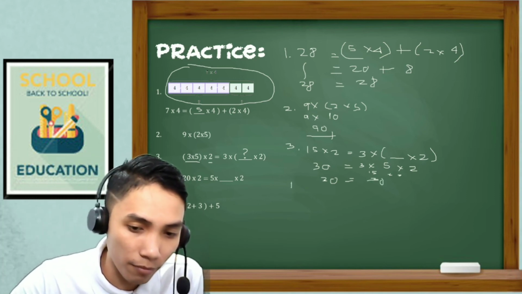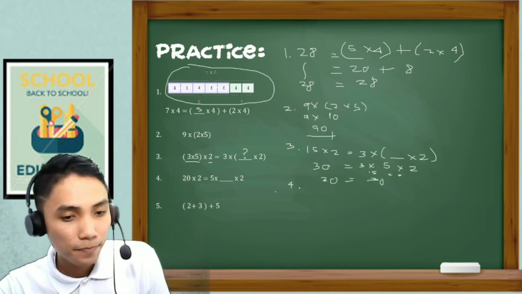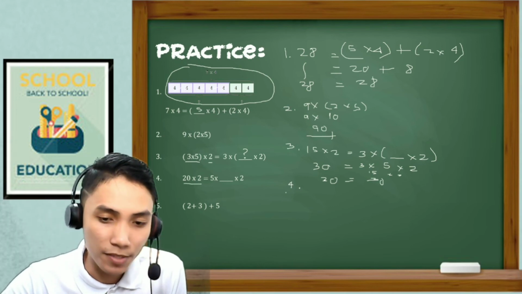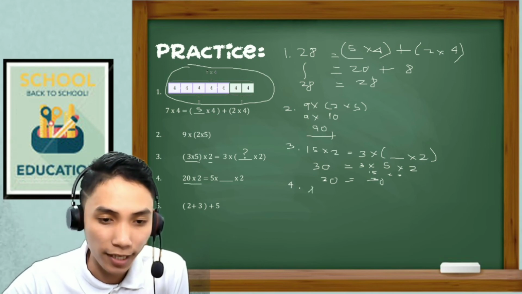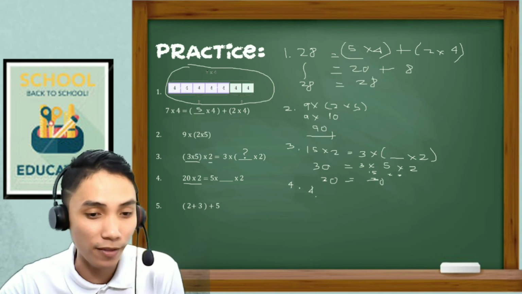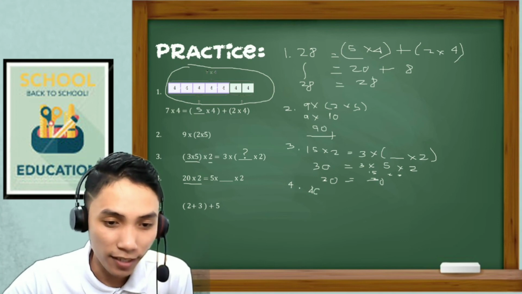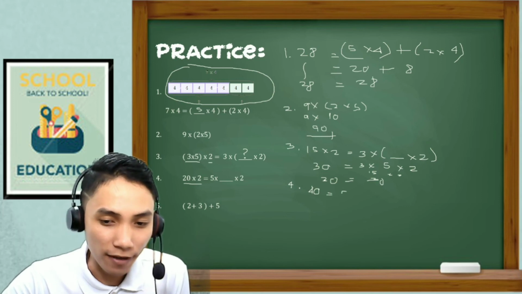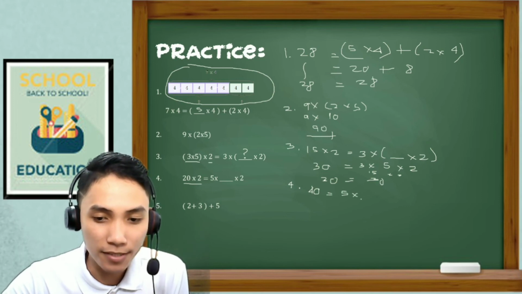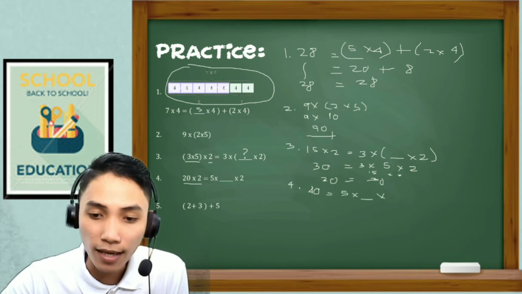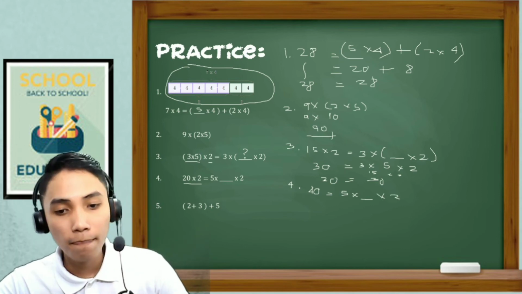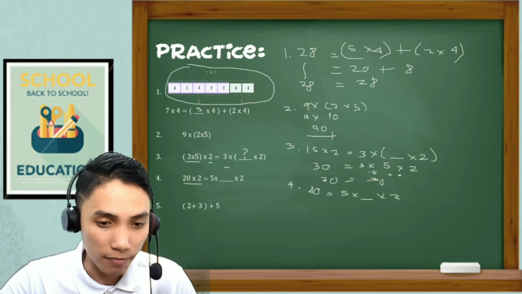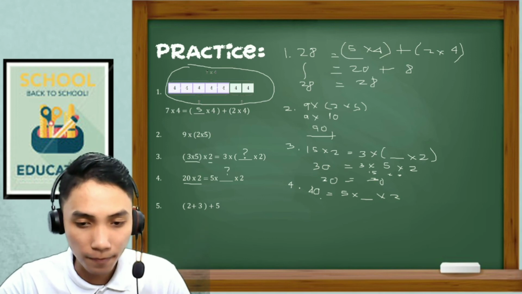Now we have here number 4. We have 20 times 2, that is 40. That is equal to 5 times missing times 2. So what is missing here?